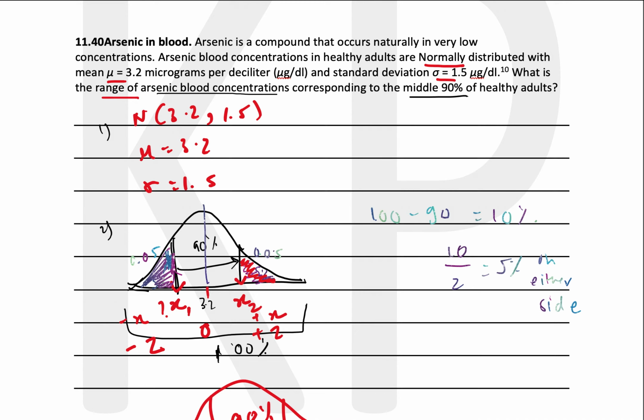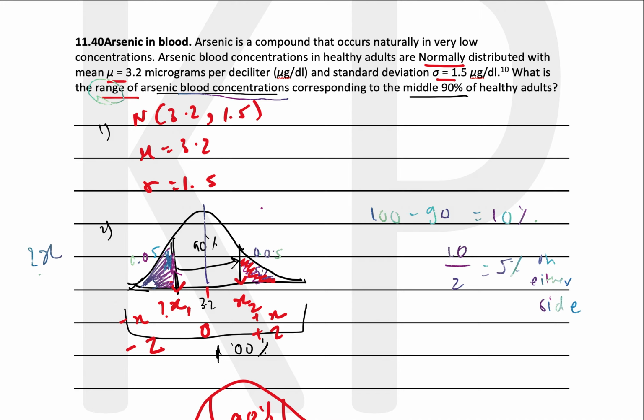So if you read carefully, they are asking what is the range of arsenic blood concentration level, and you know this is the data for arsenic blood concentration, so they are asking it in terms of x value, right? But what x value? They are asking for a range, so it's going to have some lower boundary and upper boundary.